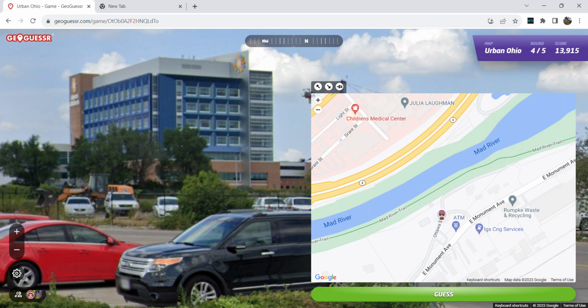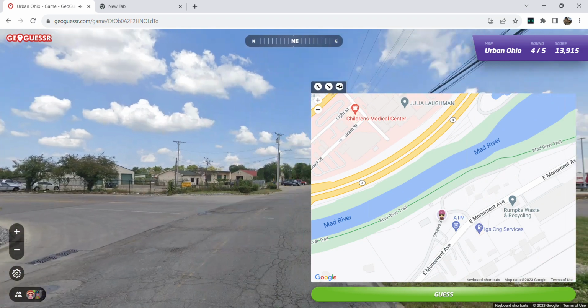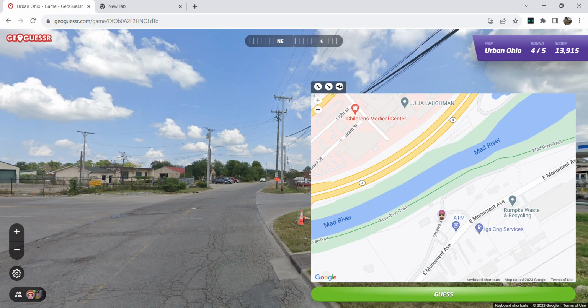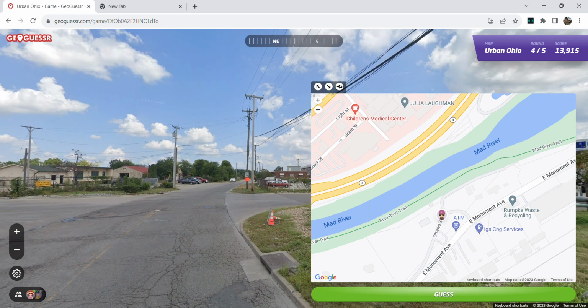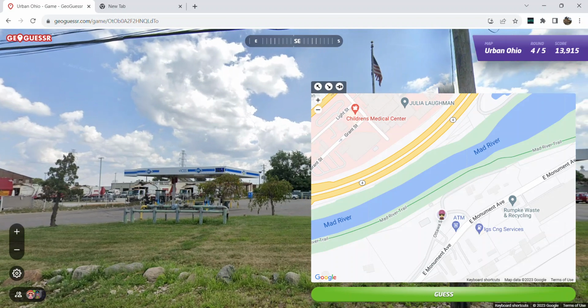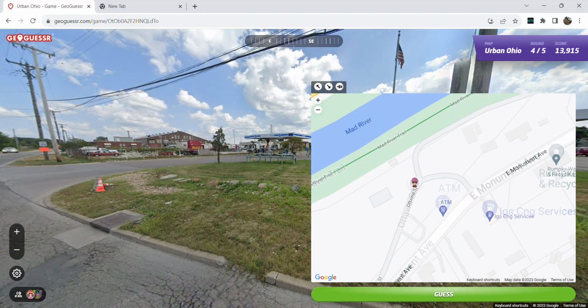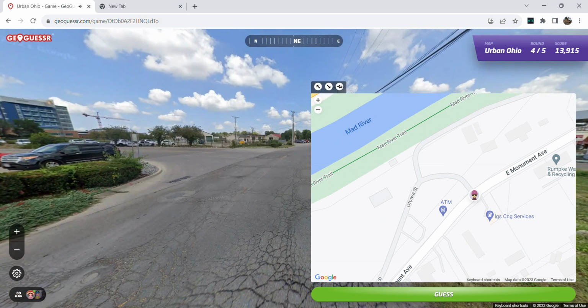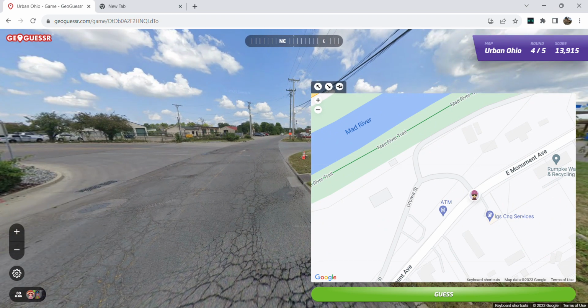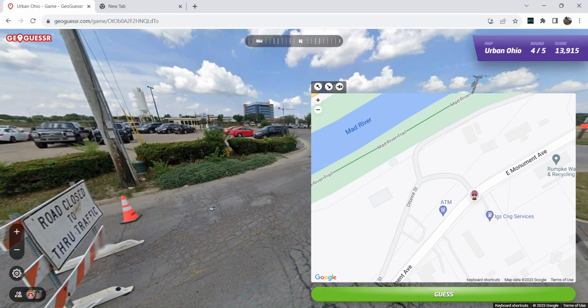So could we be there? Road continues north, loops around there to the right. There's a gas station there. I think we might be more here, with Monument Avenue going to the northeast, Ottawa Street looping there. Yeah, I think we're right here.